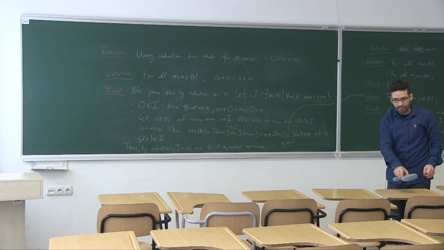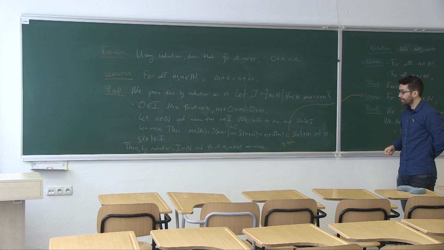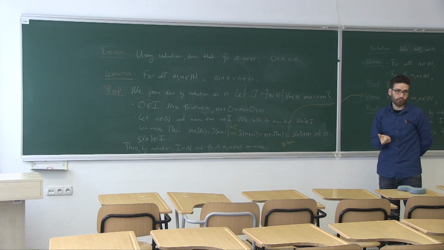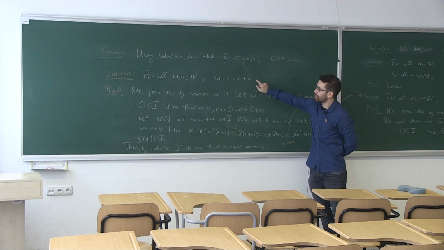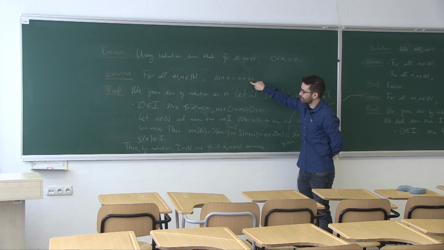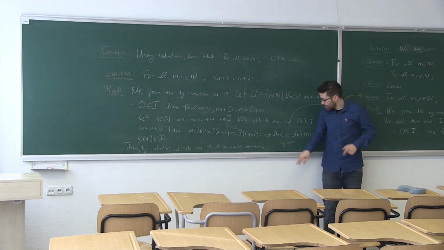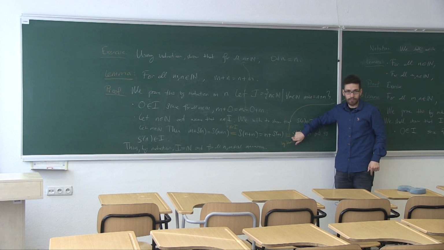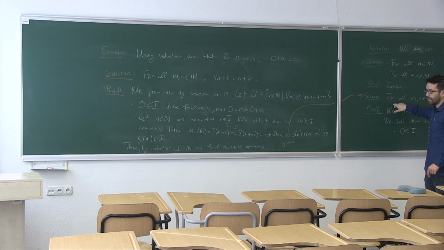Now, one thing you're going to realize when you try to prove things like this is the following. You have to go in the correct order. If I had tried to prove this via induction without proving this first, at this stage I would get stuck. At this stage I need this lemma.